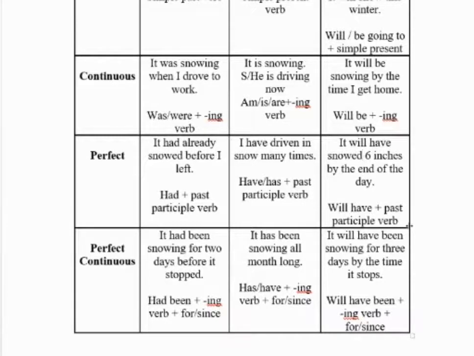The verb snow, as we said before, is the same as in the past. It's not irregular, but if we use the verb drive, we will say he will have driven. So it changes according to the verb.